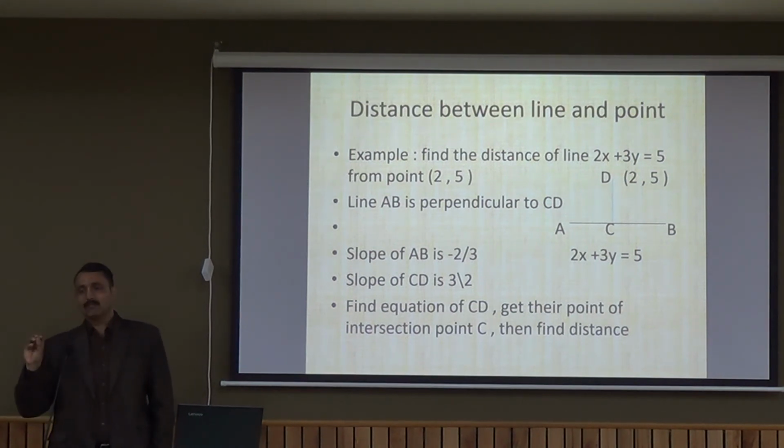So whenever you are finding the distance between 2 parallel lines, you always make the coefficients of x and y equal. And then you can use the formula d is equal to |c1 minus c2| upon under root coefficient of x whole square plus coefficient of y square.